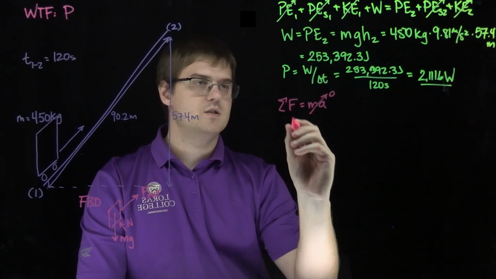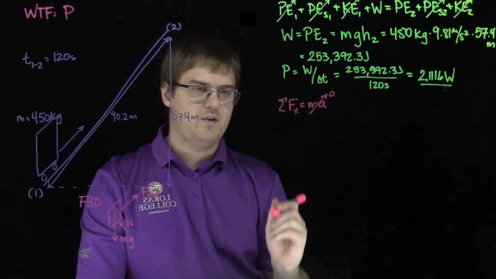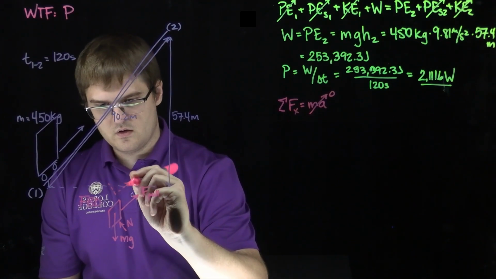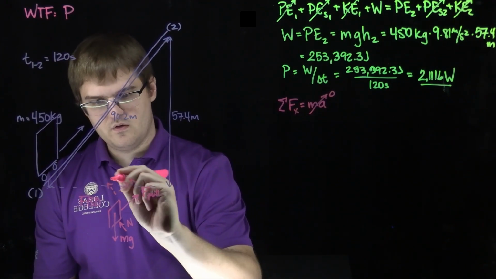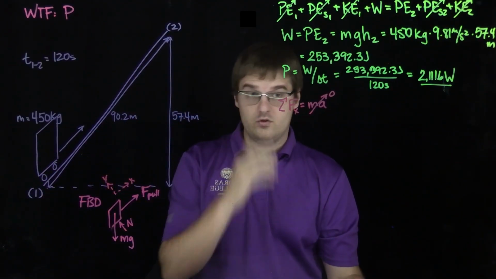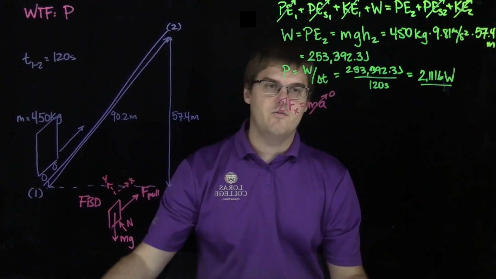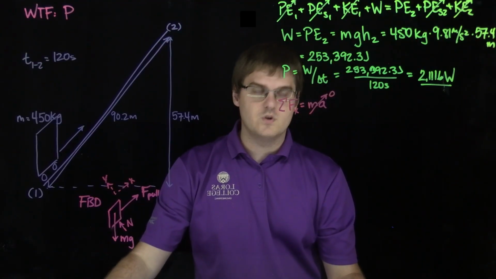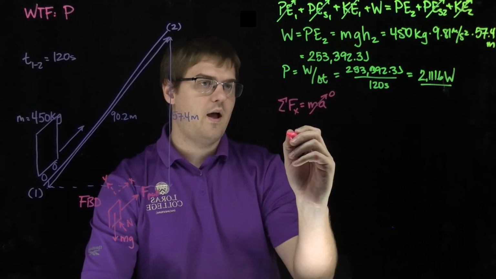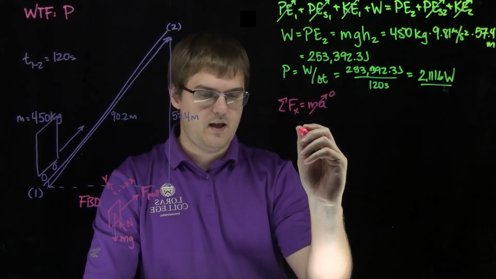So sum of forces, and I am interested in what's happening in the x. I probably should have already defined that, x and y, because when I get to my equation, I need my velocity and my force to be in the same direction. So I have my forces in the x.